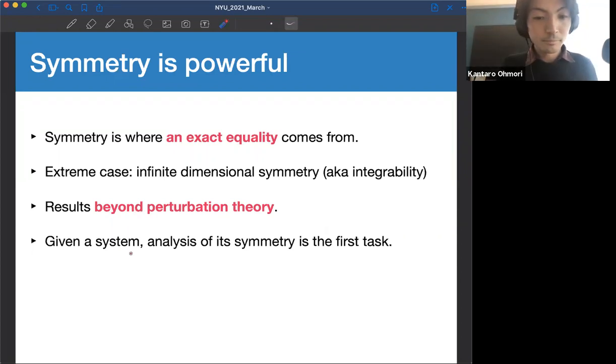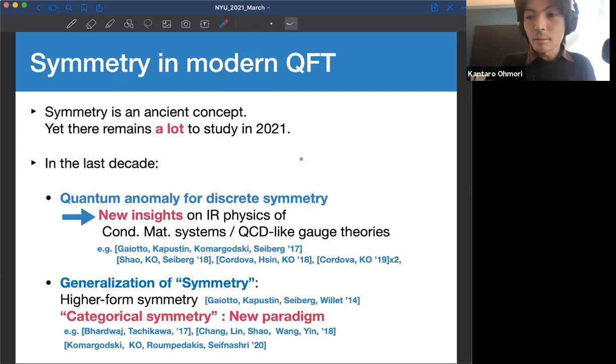So the symmetry is a precious tool, in particular in strongly coupled systems where we cannot apply perturbation theory. So for these reasons, given a system, what we do first is the analysis of the symmetry of the system. Okay, and I'm interested in quantum field theory, and most of my recent works are about symmetries in quantum field theory.